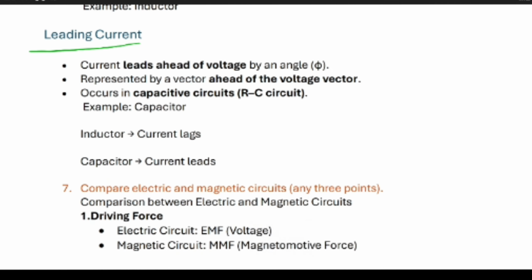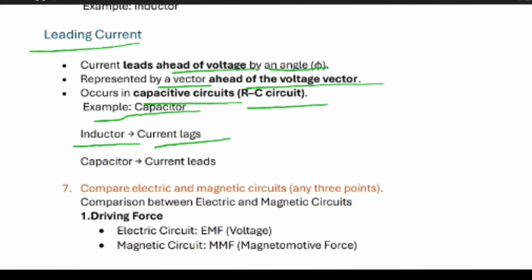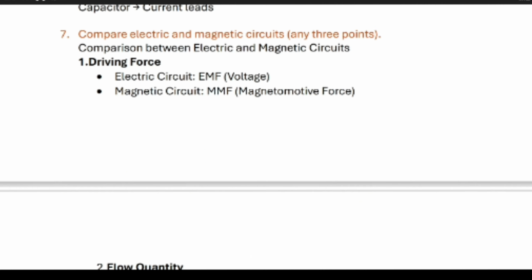Coming to the leading current: the current leads the voltage by an angle, represented by the vector ahead of the voltage vector. It occurs in capacitive circuits, RC circuits, for example capacitors. In an inductor the current lags, and in a capacitor the current leads. The next question is: compare electric and magnetic circuits, any 3 points.